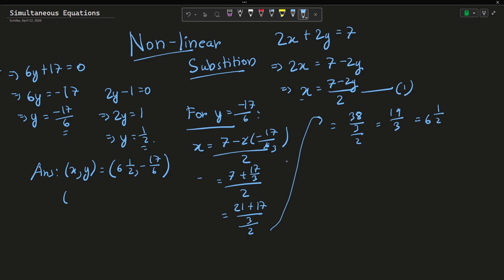And now the same set of values which we are going to find right now.